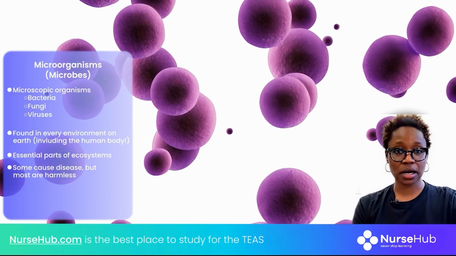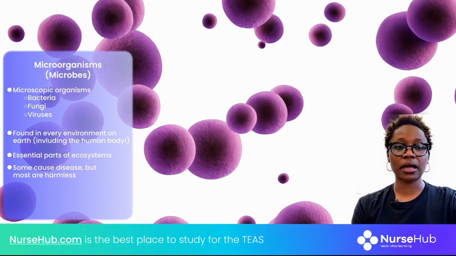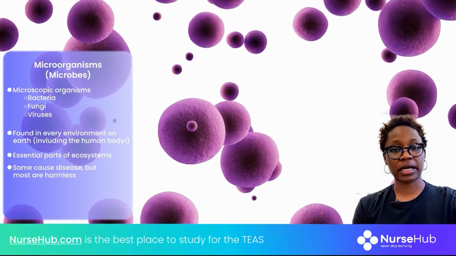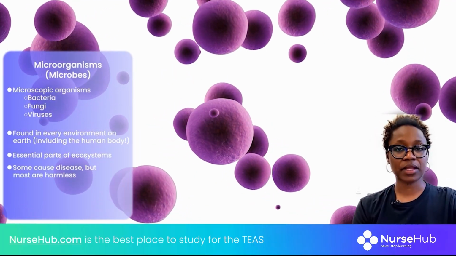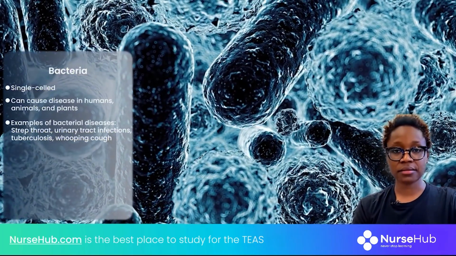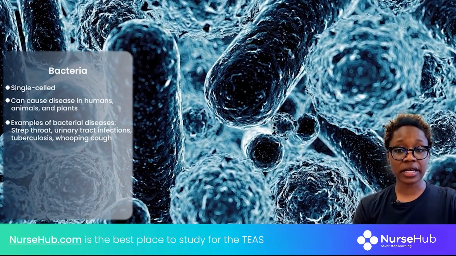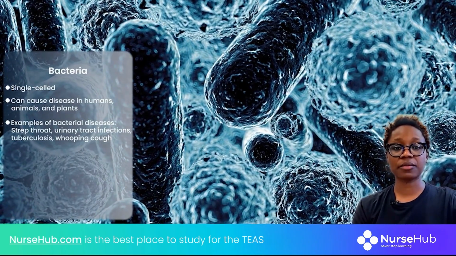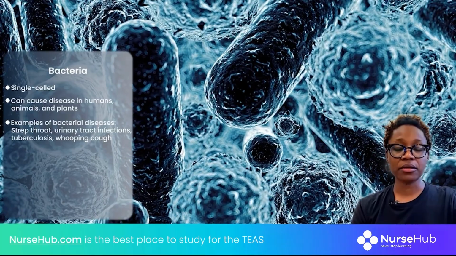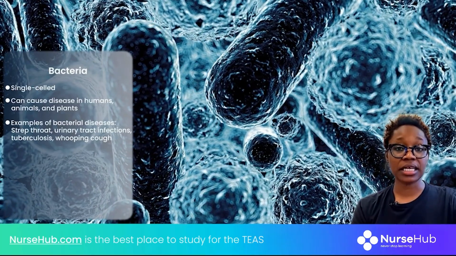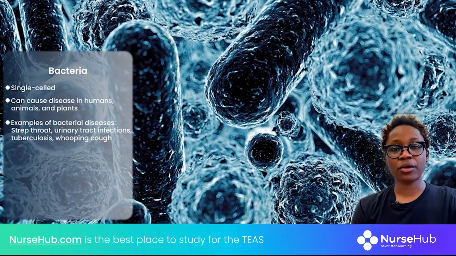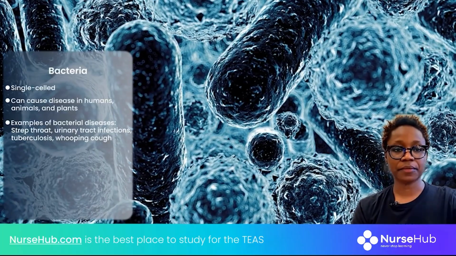So let's start by laying down the groundwork for the basic types of microorganisms that are involved in disease. The first are bacteria. Bacteria are single-celled organisms. Some bacteria can cause diseases in humans, animals, and plants. For example, certain strains of bacteria can lead to infections like strep throat or urinary tract infection.